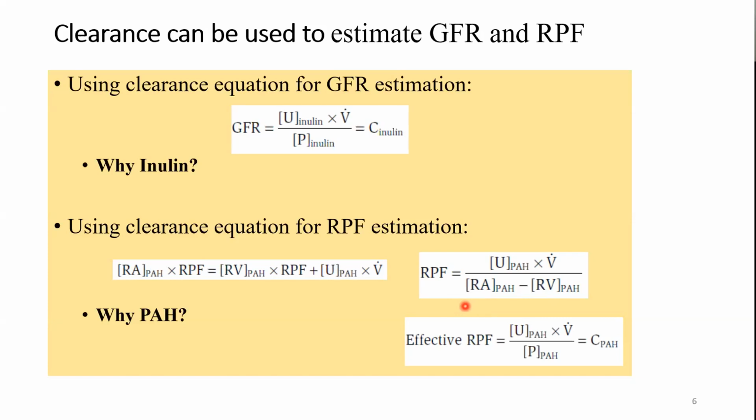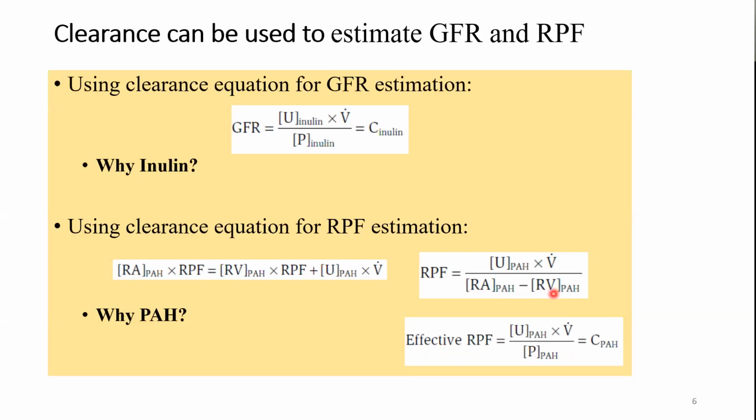So basically, for that, we coin another term: effective renal plasma flow. Effective renal plasma flow basically means, effective means as far as the kidney filtration, the nephron is concerned. So effective renal plasma flow is basically the blood flow, the plasma flow, which goes to the nephron. So that you can ignore.